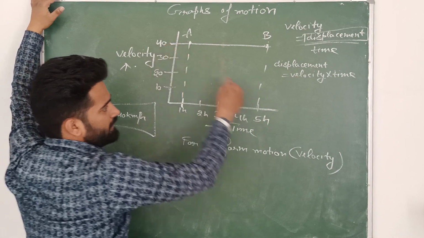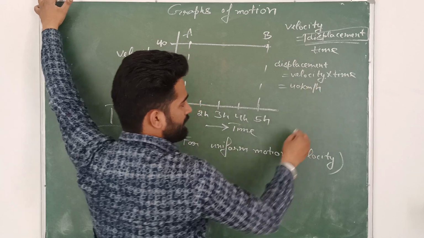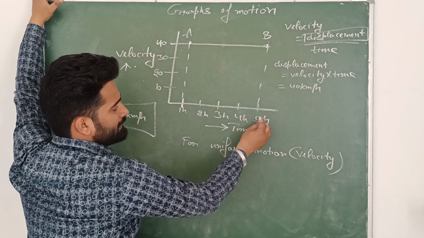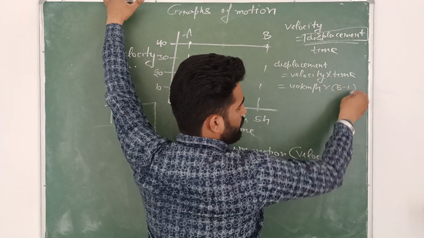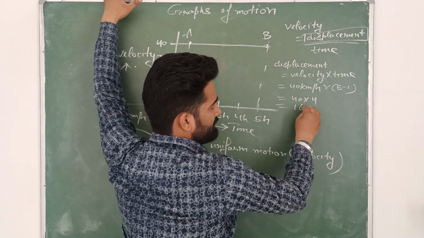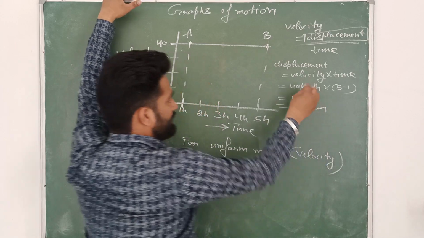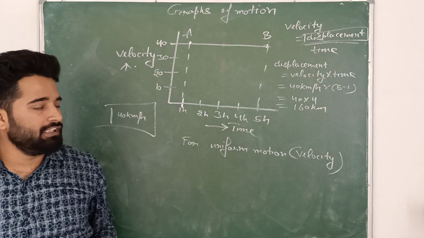Let the velocity be 40 km per hour, and the time between A and B is 5 minus 1, that is 4. 40 multiplied by 4 is 160 km. This is the displacement. So you can calculate the displacement from the velocity-time graph.